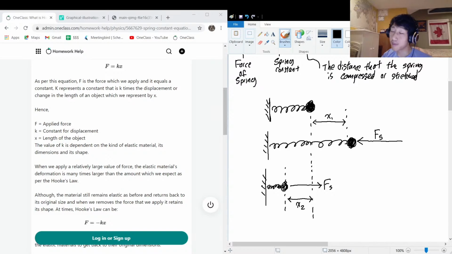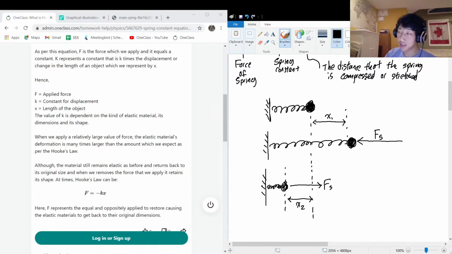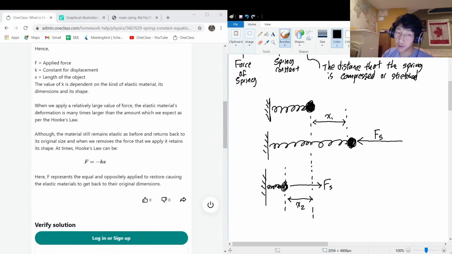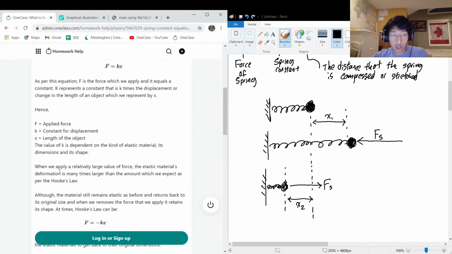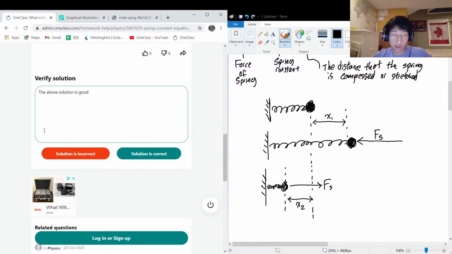Make your diagram before you make your signs, not the other way around, because your diagram is more powerful in telling you what's going on. Your equations only make sense with respect to the diagram. So make the diagram first. And yeah, diagrams would be helpful.